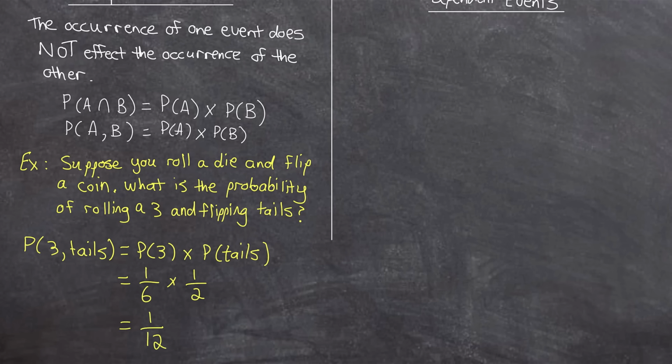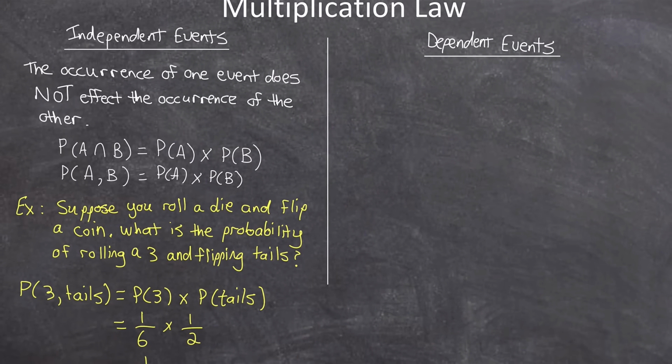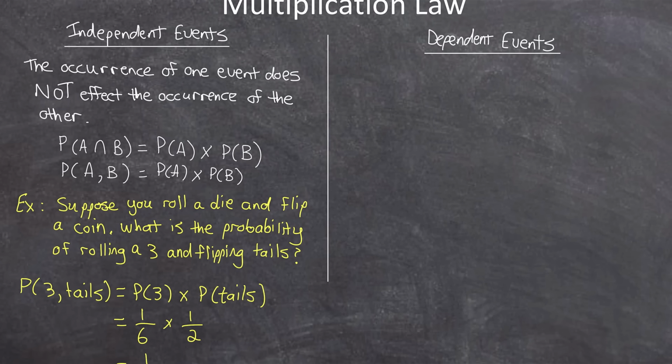In the example we just did, rolling a 3 on the die did not affect the probability of flipping tails. But let's look at what would happen if the two events in our sequence are dependent on each other. Dependent events are two events where the occurrence of one of them affects the occurrence of the other.